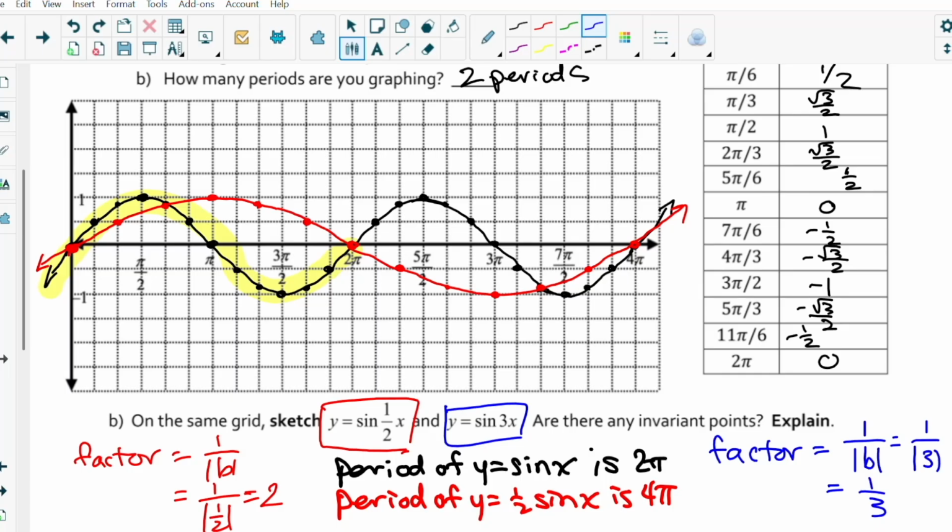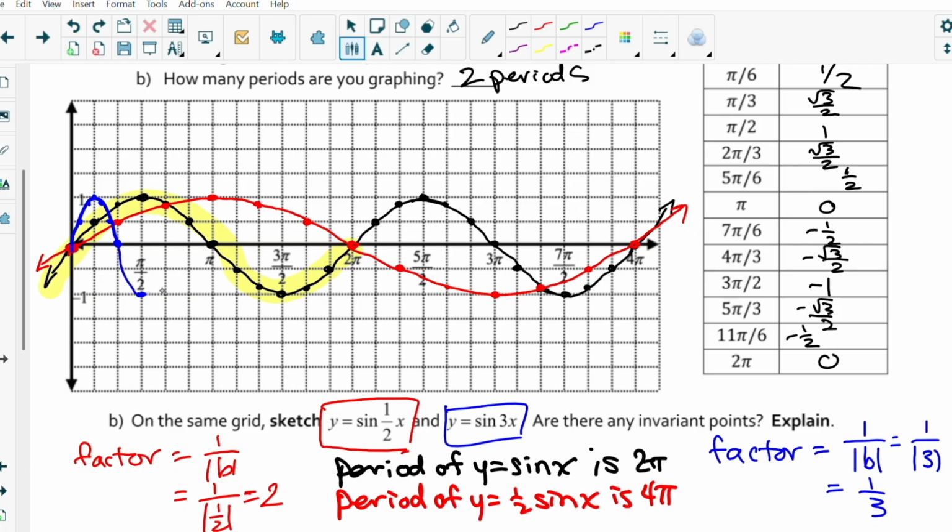So 1/3, here we go, right about there, right about there, right about there. It's going to be really tight, the graph here. Okay, right about there. Let's draw that first bit in. Okay, and then continuing on, right?